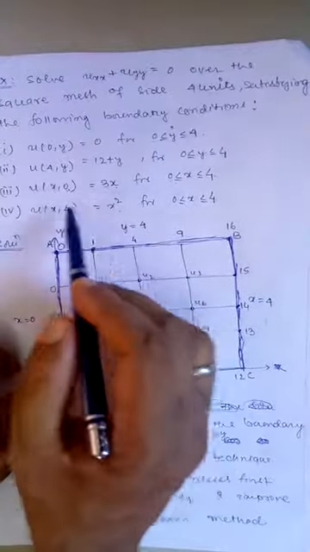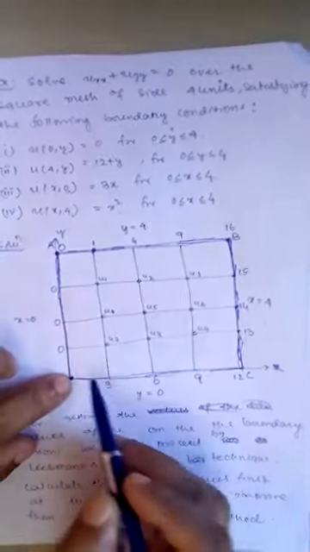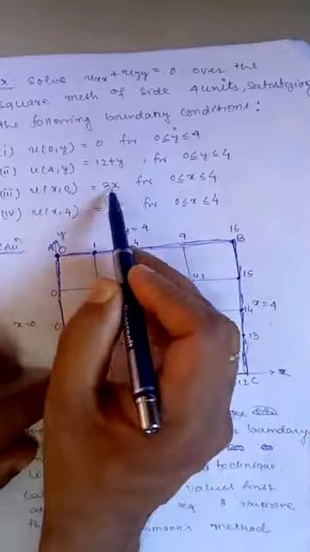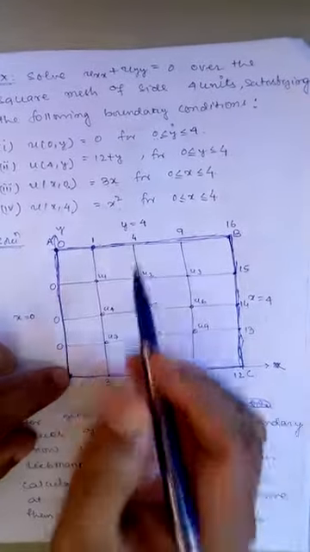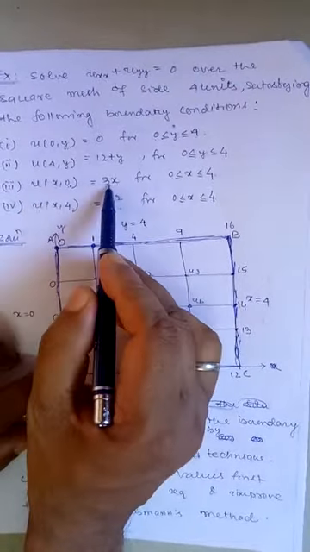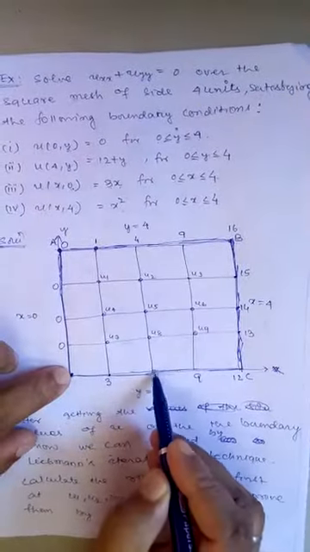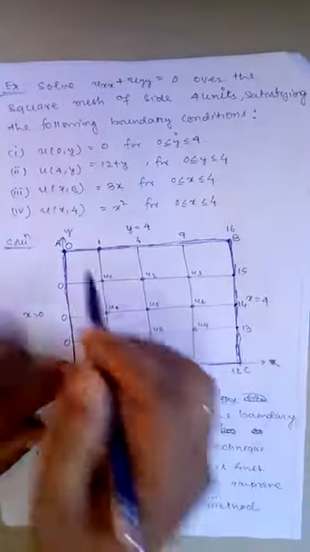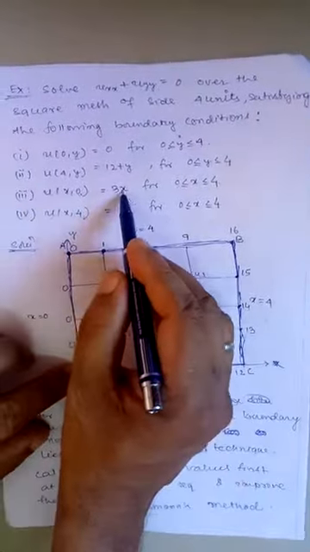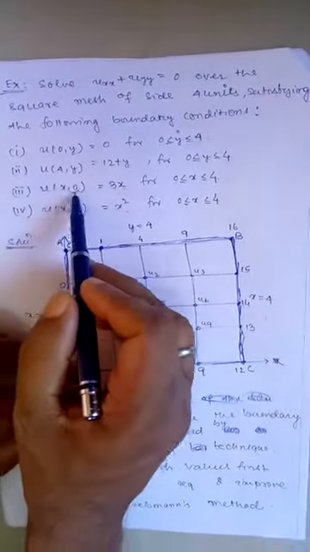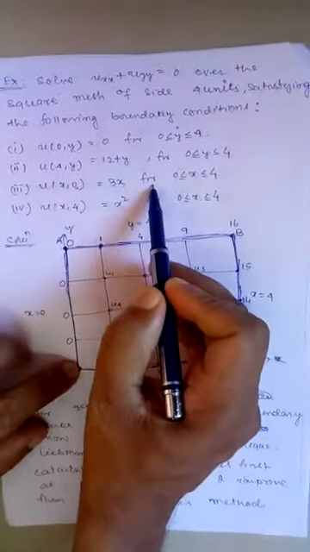And again, if I take x equal to 1, y is 0, I will get 3 into 1, so 3. If I take x equal to 2, u of 2 comma 0 will be 3 into 2, 6. And u of 3 comma 0, 3 into 3 will be 9. And u of 4 comma 0, 3 into 4 will be 12. So these are the boundary values corresponding to y equal to 0.